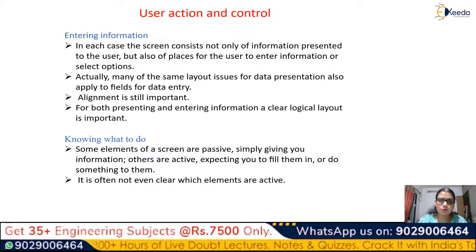Things that are not mandatory should be given an asterisk mark. If you see the GATE exam form, when you fill it up, or whenever you fill any login form, there is an asterisk mark showing that all these things are mandatory.